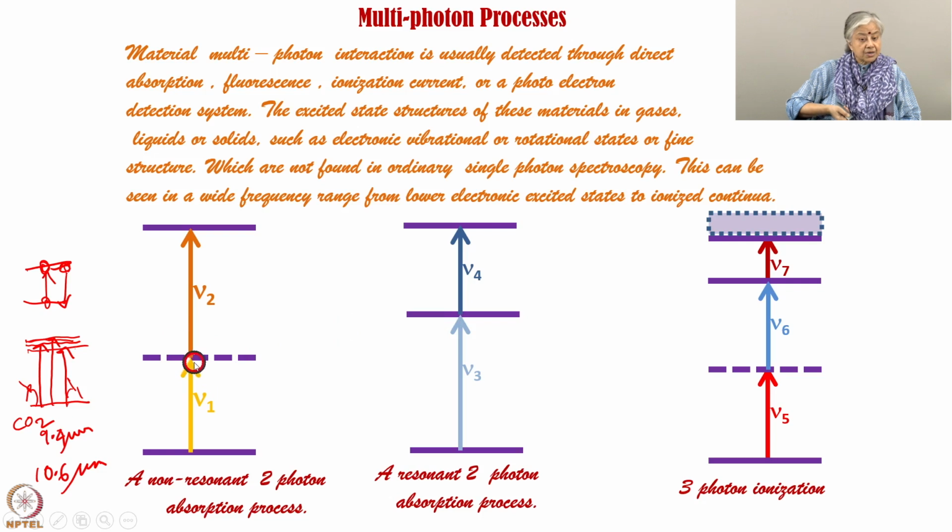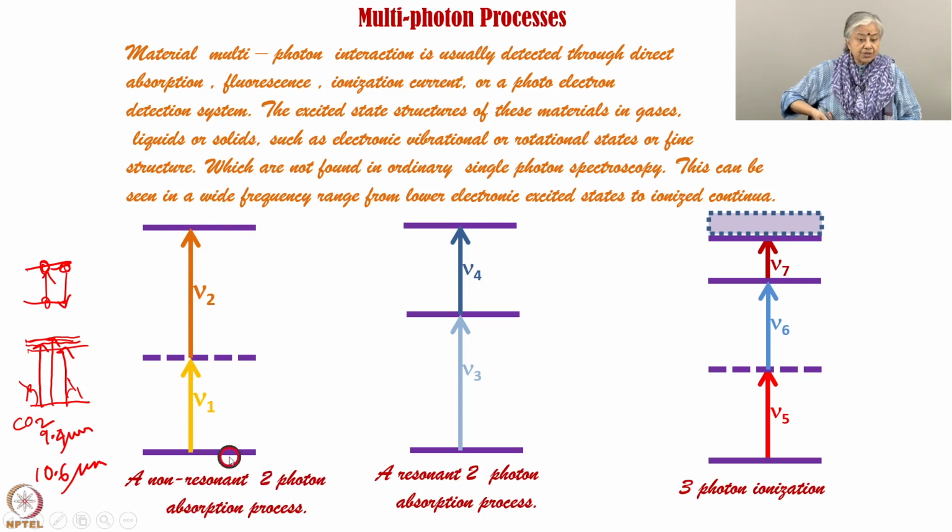And again from here you can have another photon. Another photon, by the way, of a different wavelength or different frequency. So, I have one photon of frequency nu 1 and another photon of frequency nu 2, which manages to take my system from this ground level to this upper level. Okay, and this is called non-resonant 2-photon absorption.